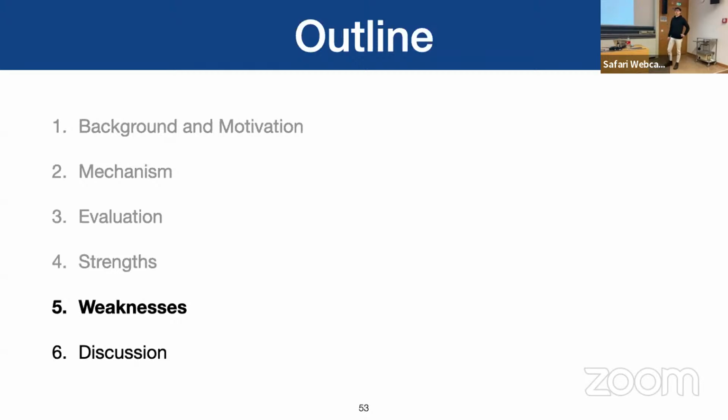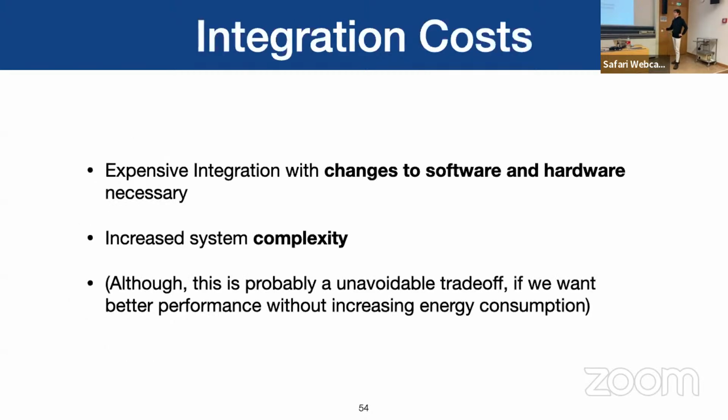Okay, let's continue to some weaknesses of Utopia. The integration costs are probably very high because we have to make changes to software and hardware. It drastically increases the complexity of the architecture.